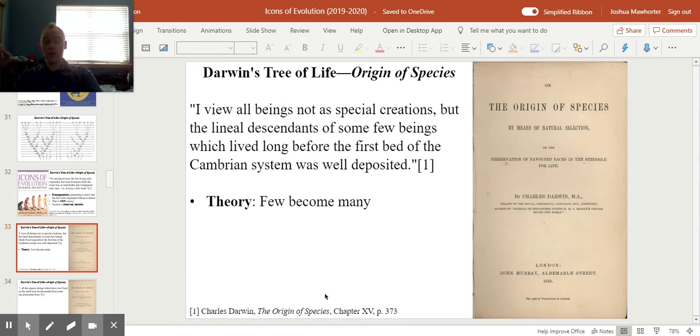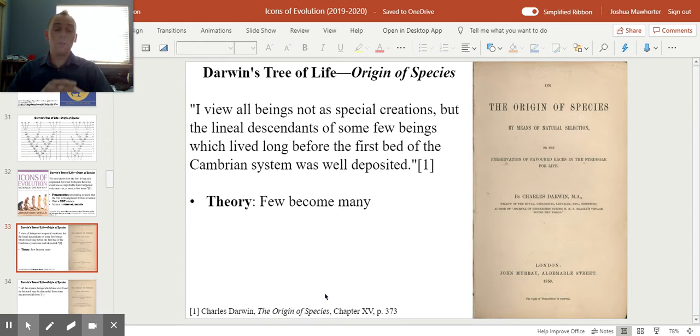So already, that's one of the issues. But Darwin's tree of life, Darwin himself wrote in Origin of Species his theory. He said, "I view all things not as special creations, but as lineal descendants of some few beings which lived long before the first bed of the Cambrian system was well deposited."